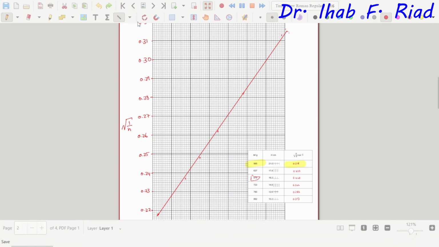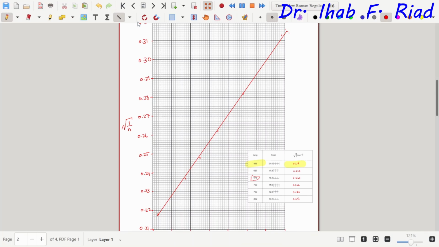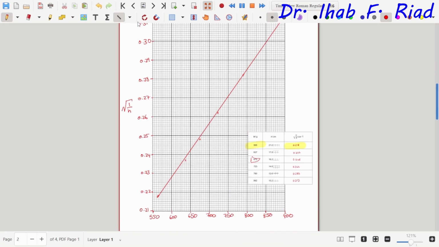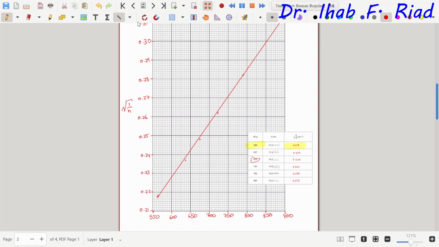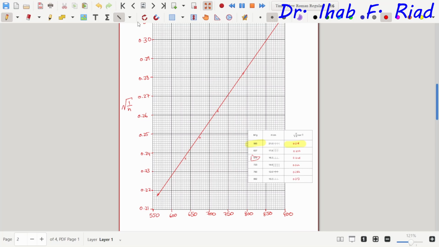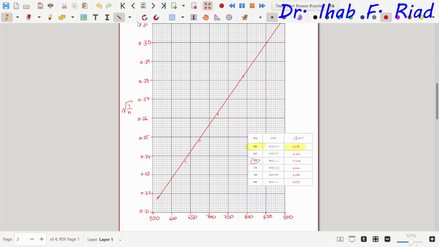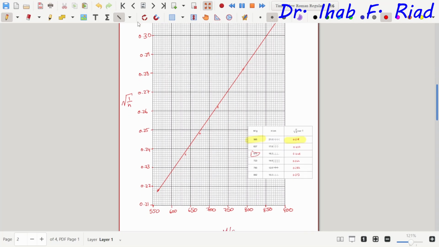Okay, so I hope this was clear for you, how we can choose our scale, if we should start right from 0 or not, and how to do the counting for the data points. Okay, let us do another example.